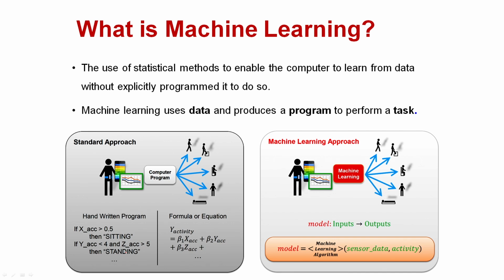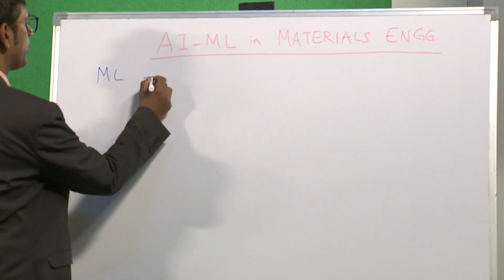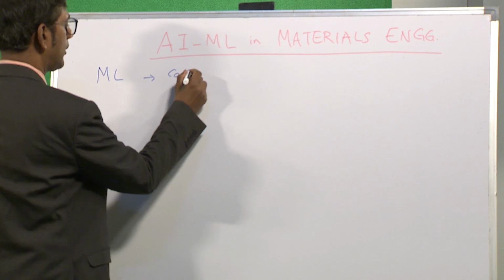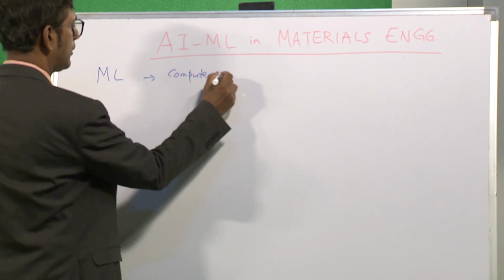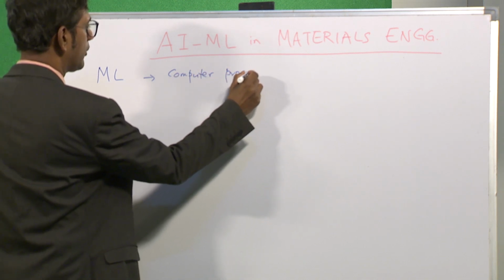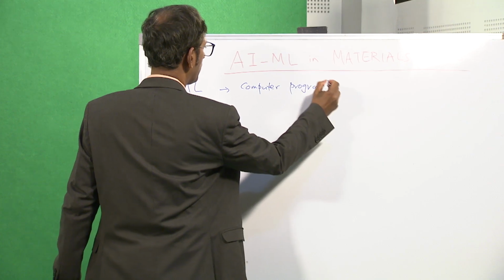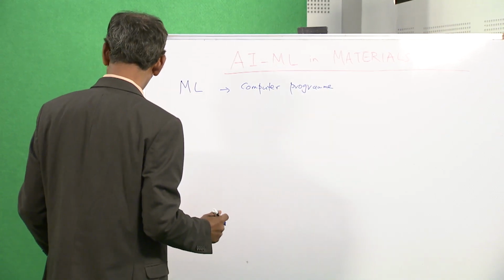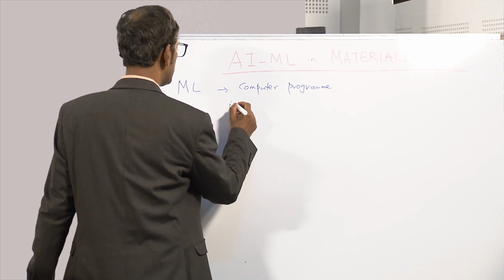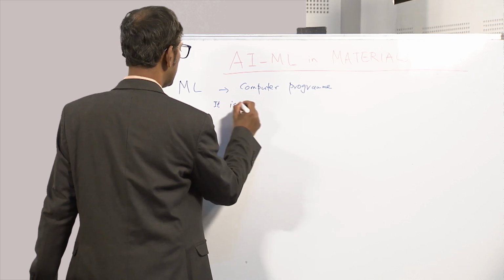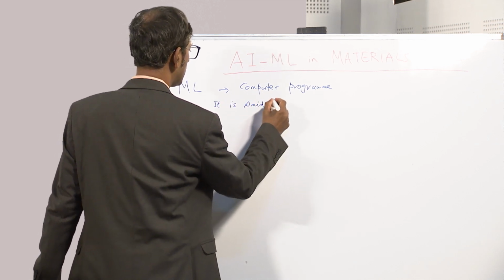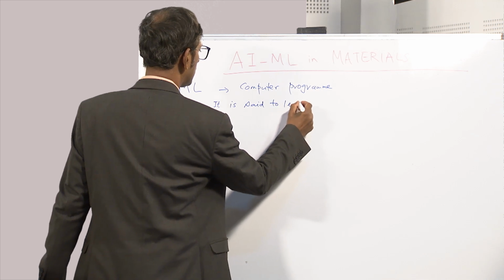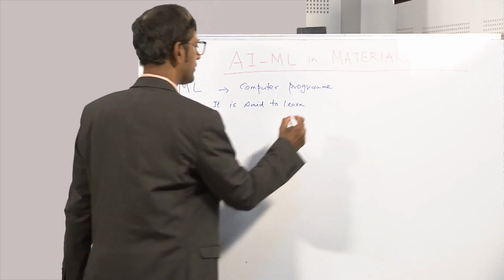So, if I have to write ML, what is this? This is nothing but a computer program, but what kind of computer program is this? It is said to learn from experience.